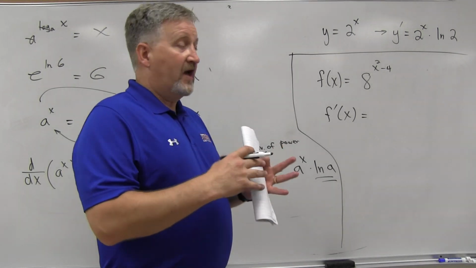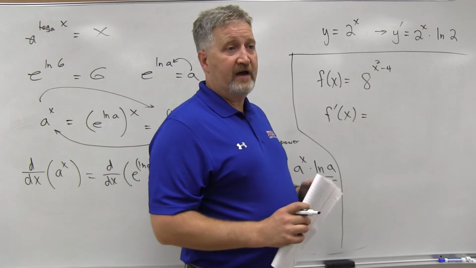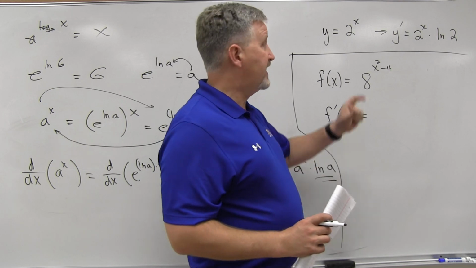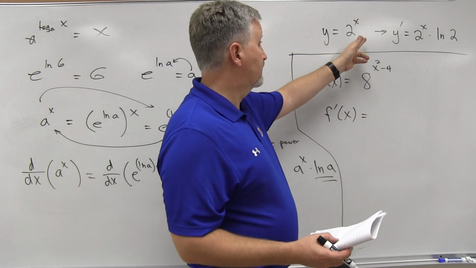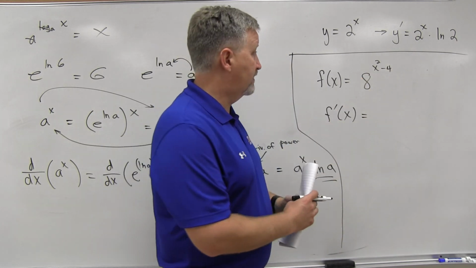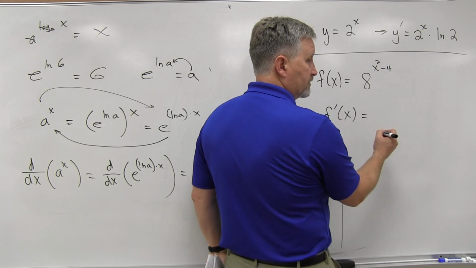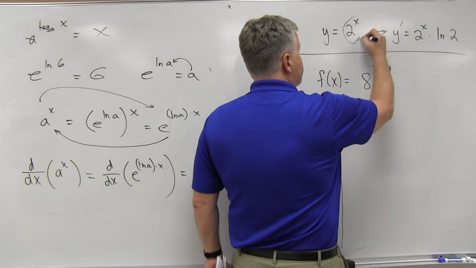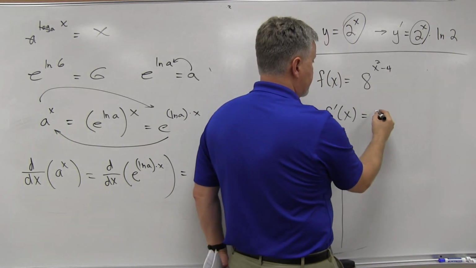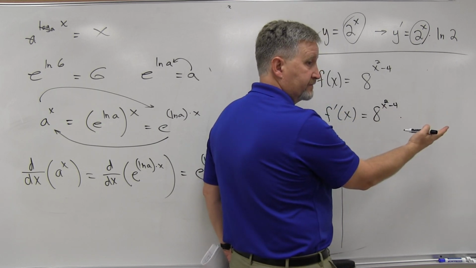What it amounts to is we've got to do the derivative of the 8 to the power, and then we have to do the derivative of the power. Now, the derivative of a to an x power is very similar, except it's not x, it's x squared minus 4. So, help me out here. If it's 2 to the x, it's 2 to the x times ln of 2. It's 8 to a power, so it'd be 8 to that power times ln of 8.